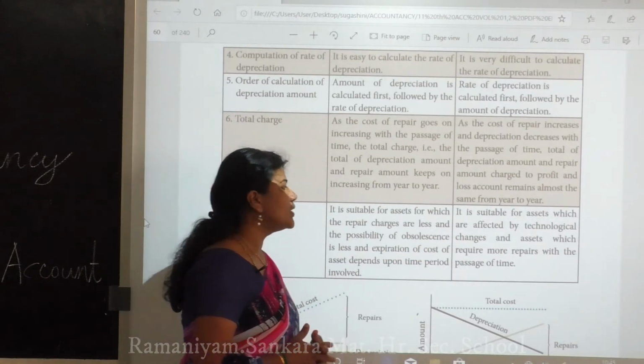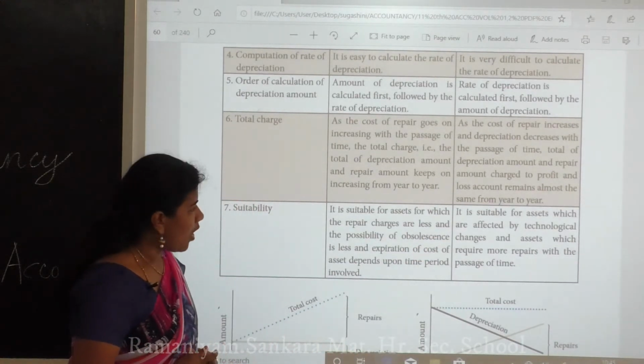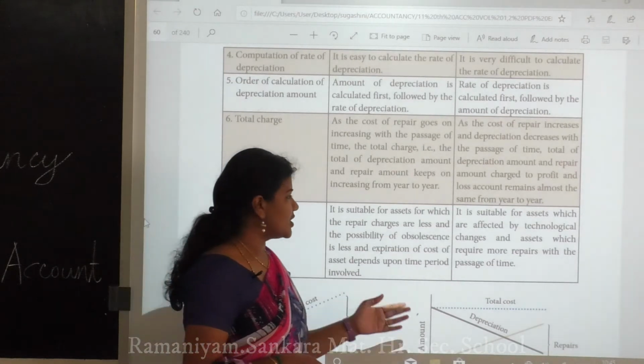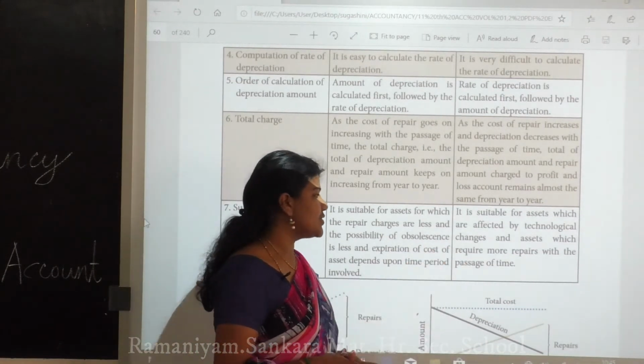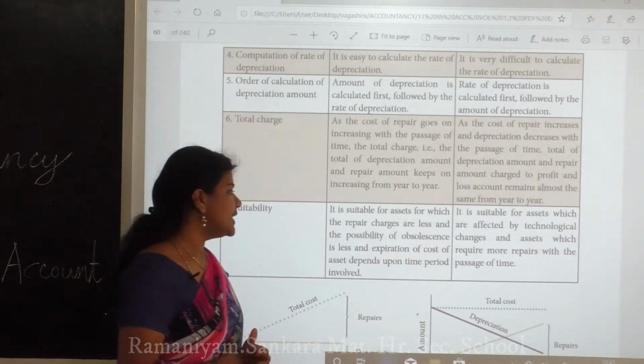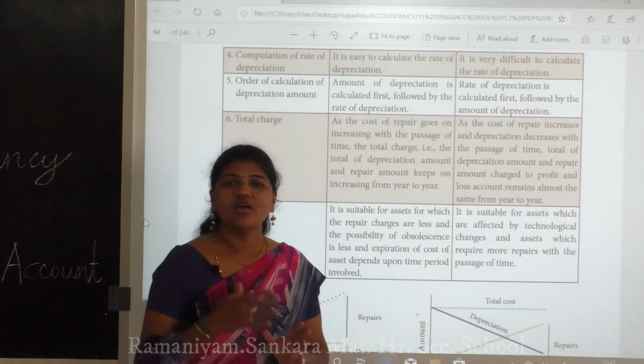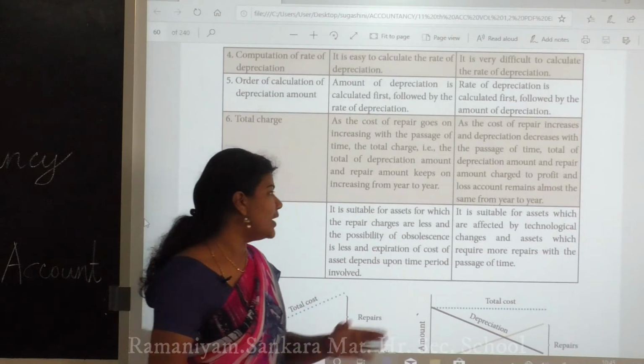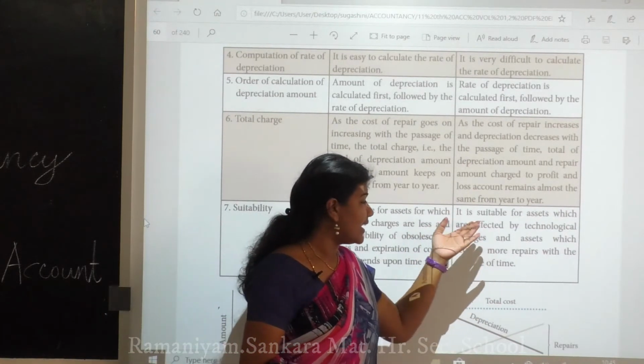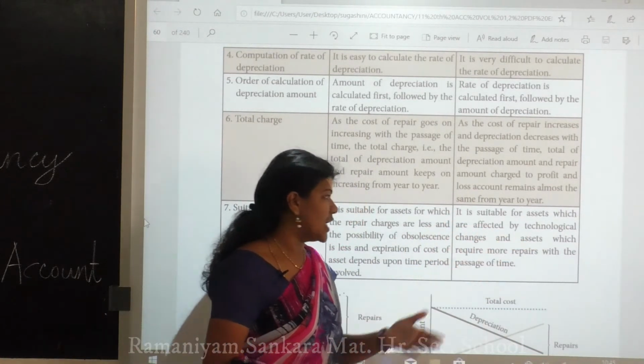Next, it is suitable for assets which are affected by technological changes and assets which require more repair with the passage of time. Actually, which assets are suitable? Those affected by technological changes.